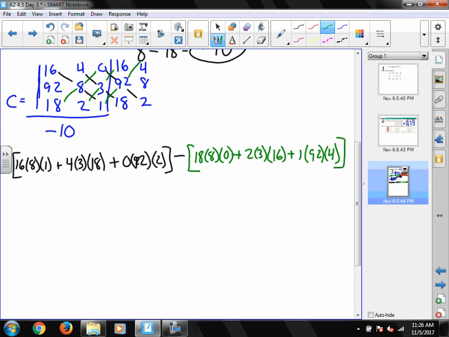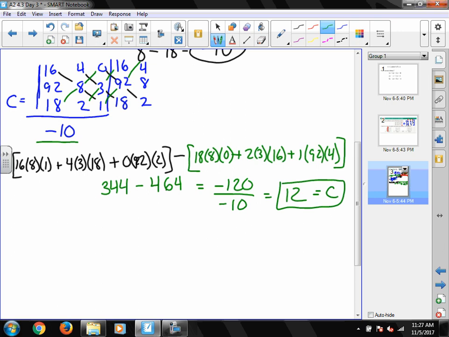In the black, I'm going to get 344 minus 464 in the green. That's going to give me a negative 120. Remember, I have to divide by the negative 10 here, so I get negative 10 down below, so I'm going to get 12. That's what my carbon atom weighs. If you guys are familiar with your periodic table, you'll recognize that that is the atomic weight for carbon.